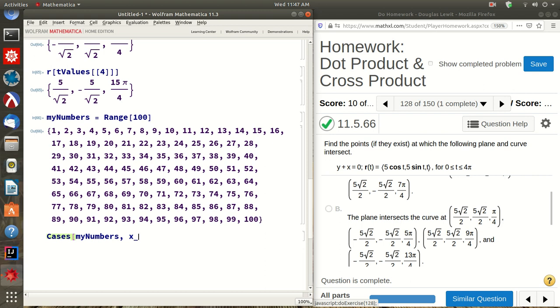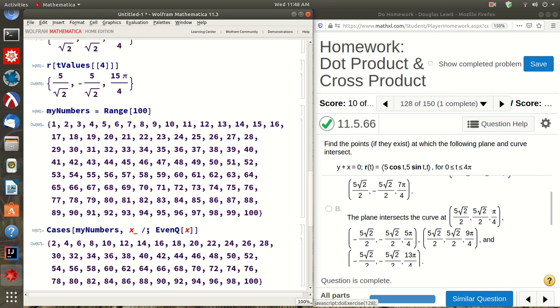We all love X, but you don't have to use X. You could use A. You could use ABC. You could use num. I don't care. Use whatever variable name you feel like using. Okay, we could use X. Even Q X, which means is the number even. So now I have only the even numbers.